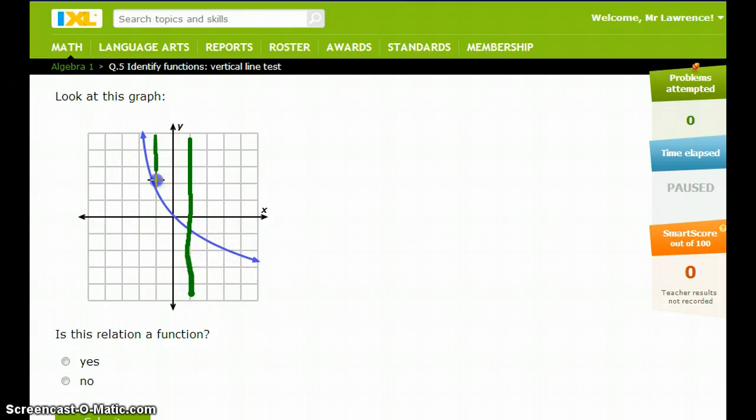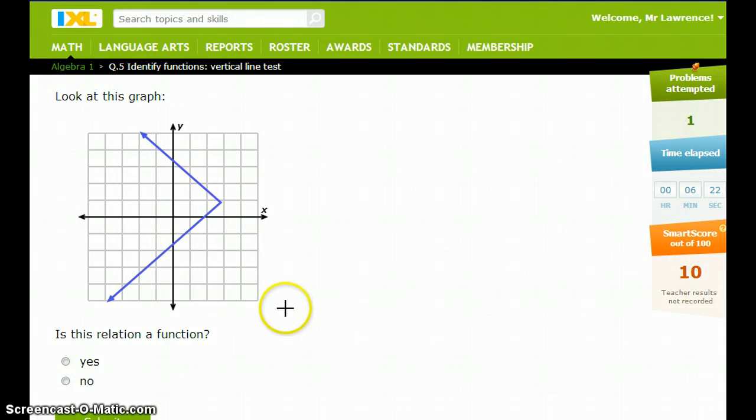And so we do a couple of checks, but every time I draw a vertical line, I cross the graph once. That means for this x value, I have only one y value. For this x value, I have only one y value. So I know that, is this relation a function? Absolutely yes.